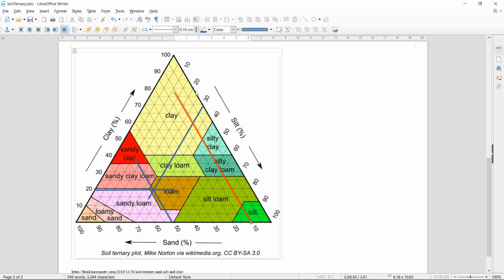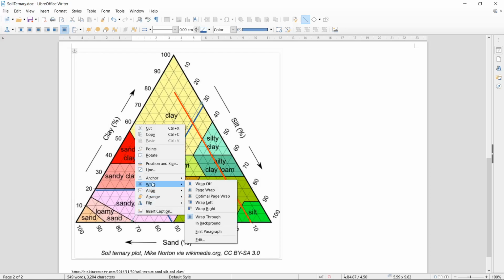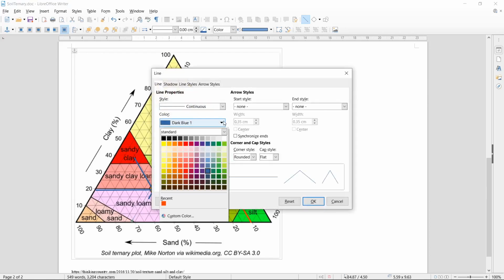So 27 percent of silt means about, this is 25, 20, this is 25, so 27% will be approximately this. Silt will be measured like this because it's an axis which is parallel to the clay axis, the previous axis.